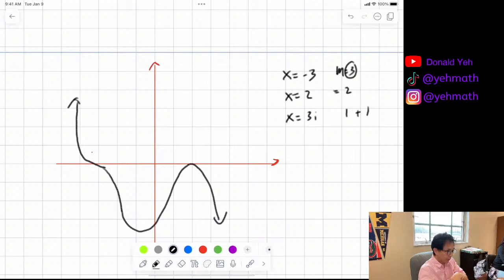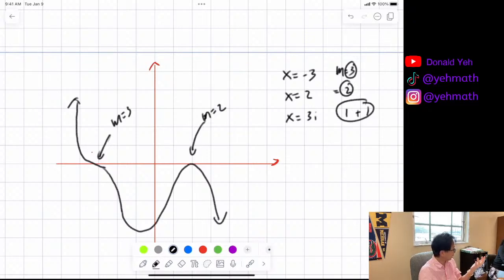So the total is what? 3 plus 2? It's 5. Why is it 3? This is m equal to 3. This is m equal to 2. And this is 1 plus 1 because 3i and negative 3i. So they are a total of 7. Good job.